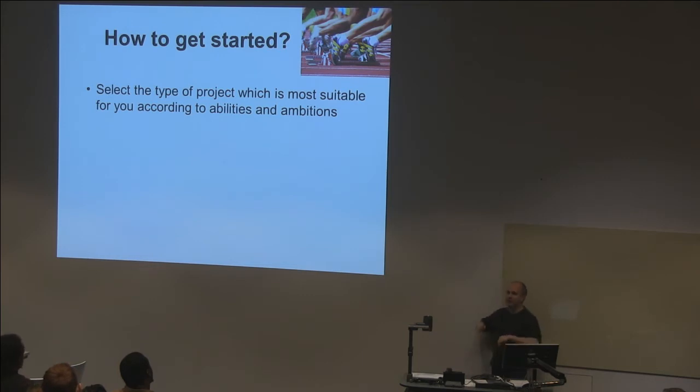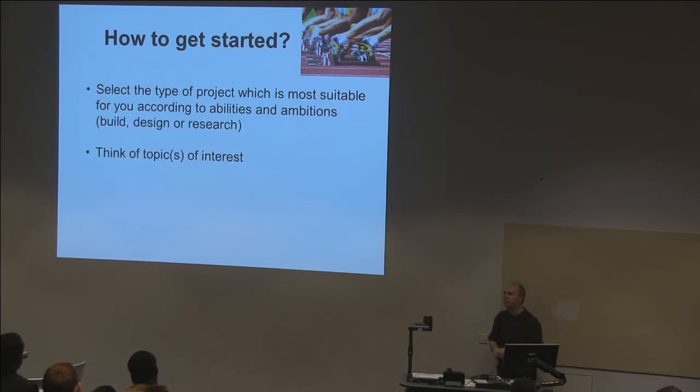So if you are a great programmer, it looks like a build project is the best for you. If you think that, on the other hand, your strength is design, you can do advanced database modeling and stuff like that, it looks like design would be better. Or if you want to do a PhD, let's try a research project. What are the topics you are interested in?